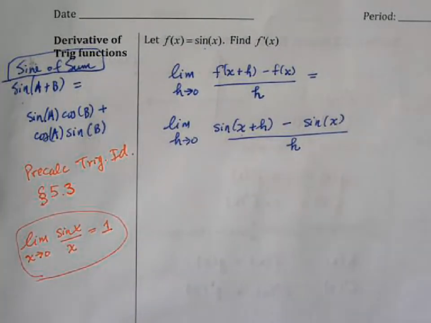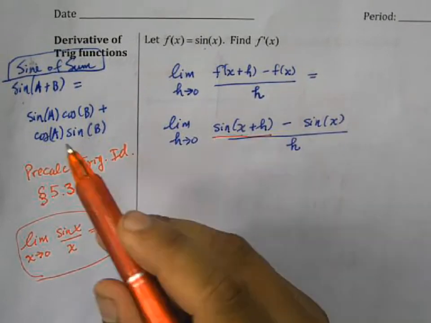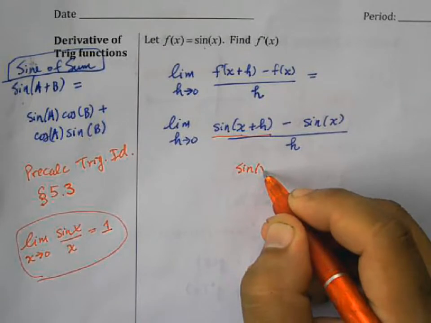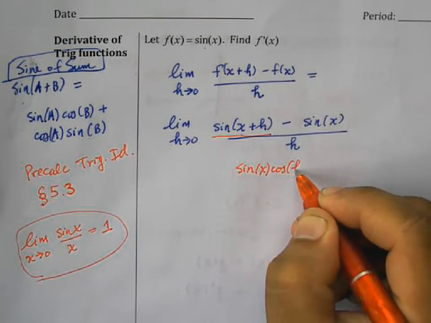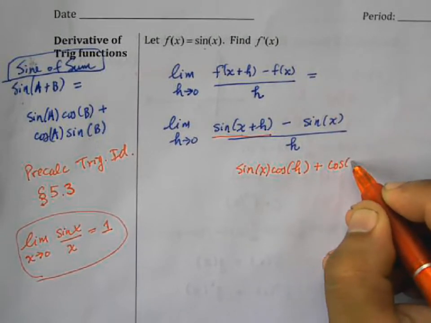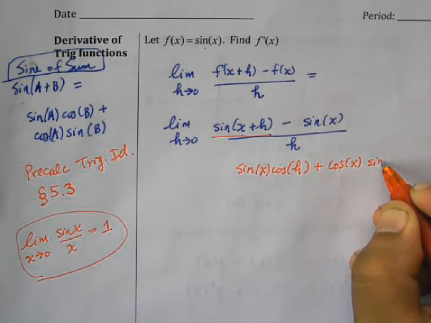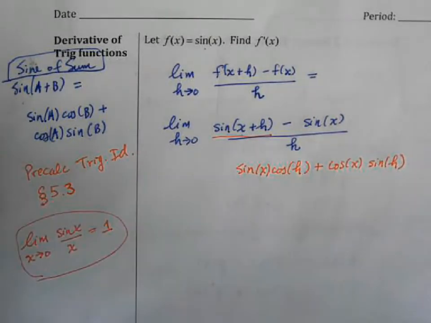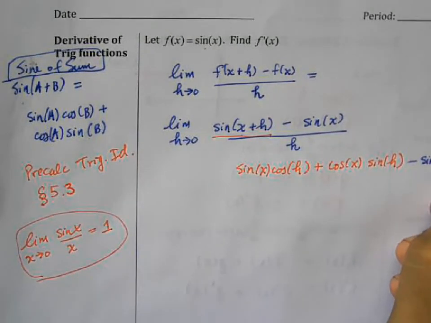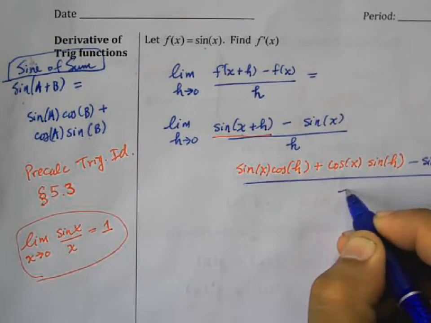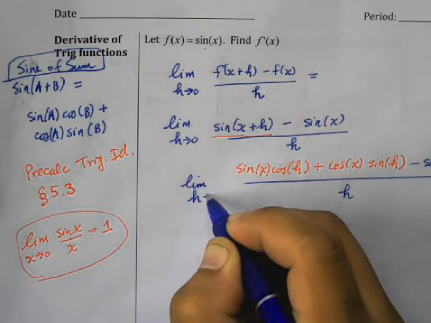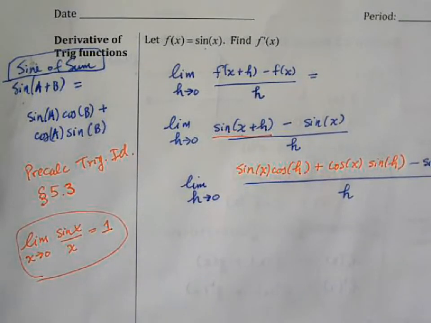So this part becomes sine of x cosine of h plus cosine of x sine of h, minus sine of x, the limit as h approaches 0.